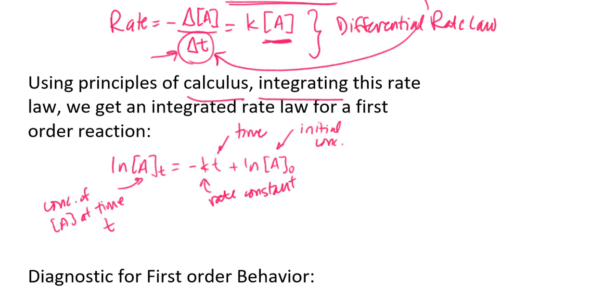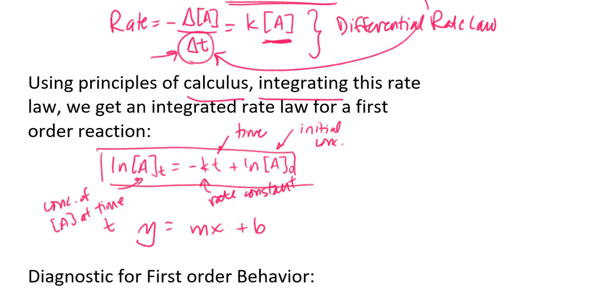Now, if you think back to linear algebra and the equation for a straight line, other than just being another equation that we can solve, basically this equation, this integrated rate law for first order kinetics, is telling me that if I plot the natural log of A versus time, so natural log of A is my y variable, time is my x variable, that'll get a straight line.